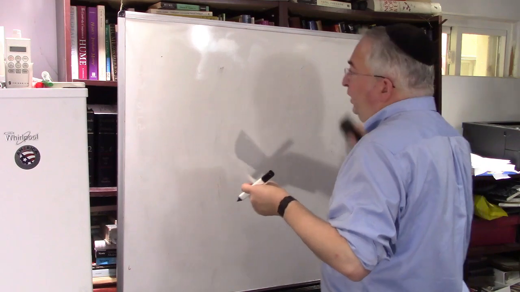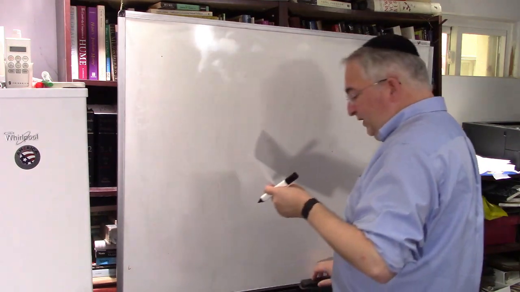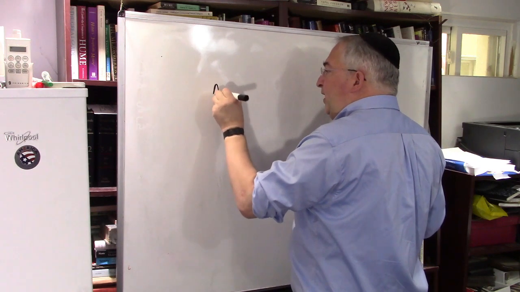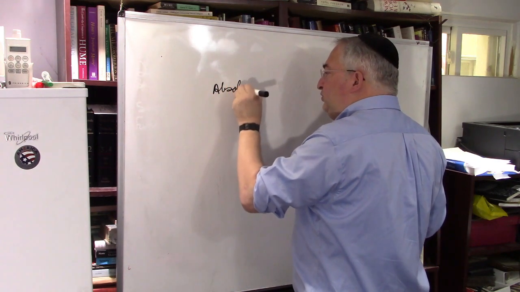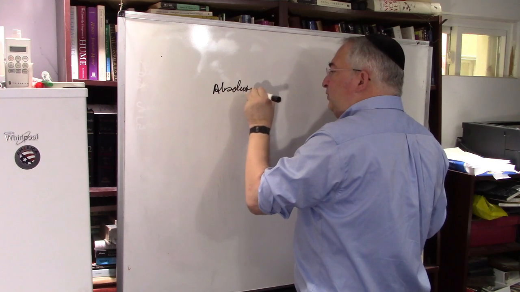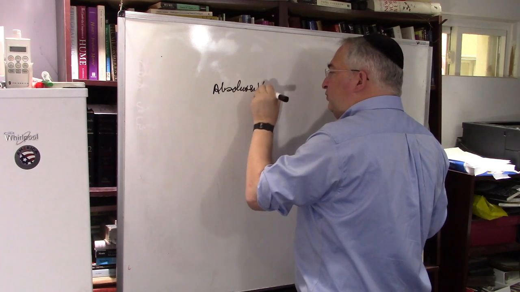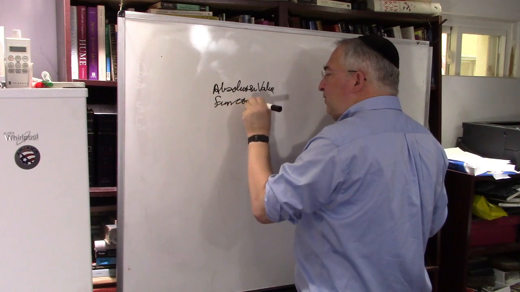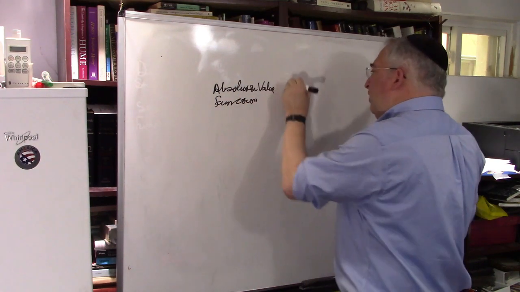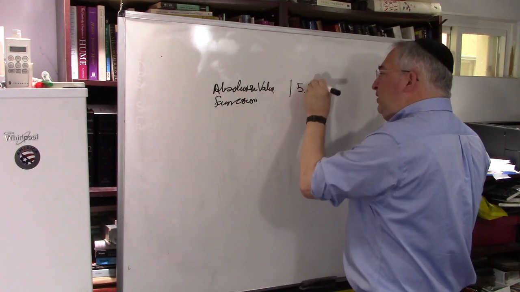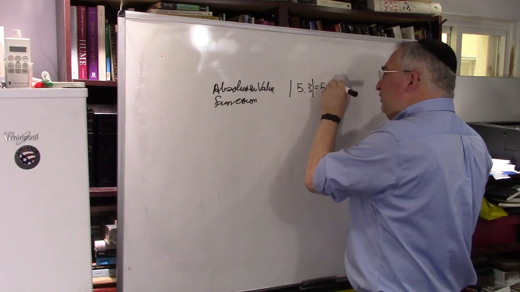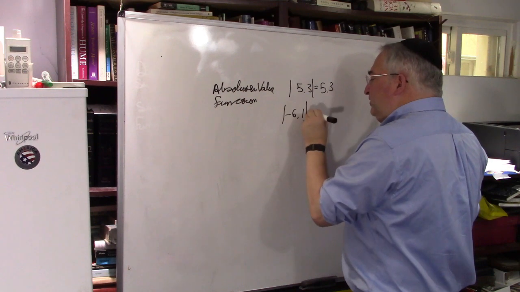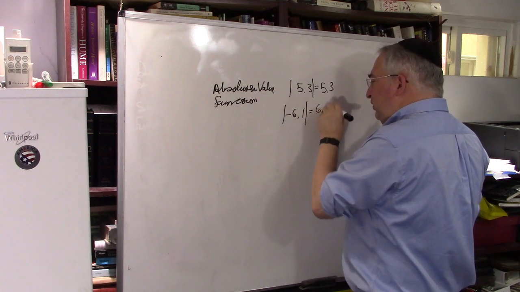You're reading the book also, and the book talks about the absolute value function. The absolute value of 5.3 is equal to 5.3, the absolute value of minus 6.1 is equal to 6.1.